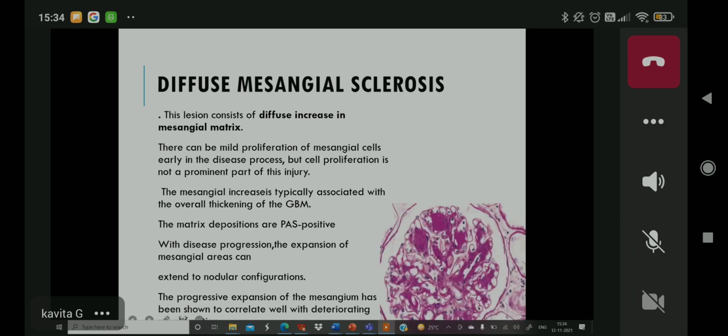So a normal mesangium actually has like 3 to 4 cells only. Here you can see that this entire area has expanded. Mild proliferation of the mesangial cells is a feature of the early disease process, but later on, it actually can form nodules. So now I'm going to show you something else. Look at this.